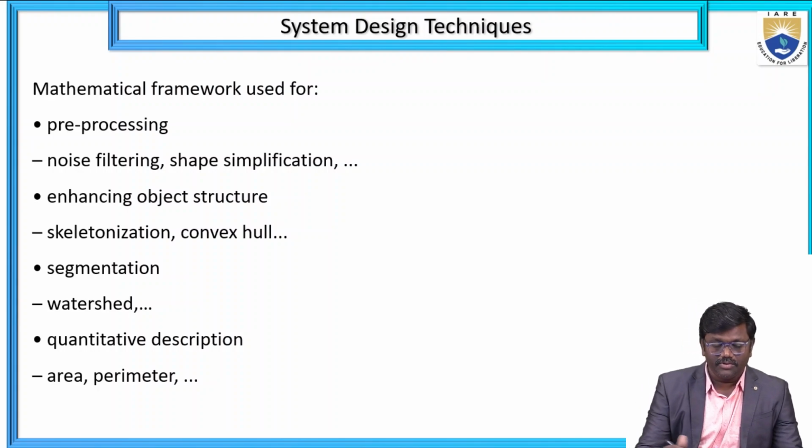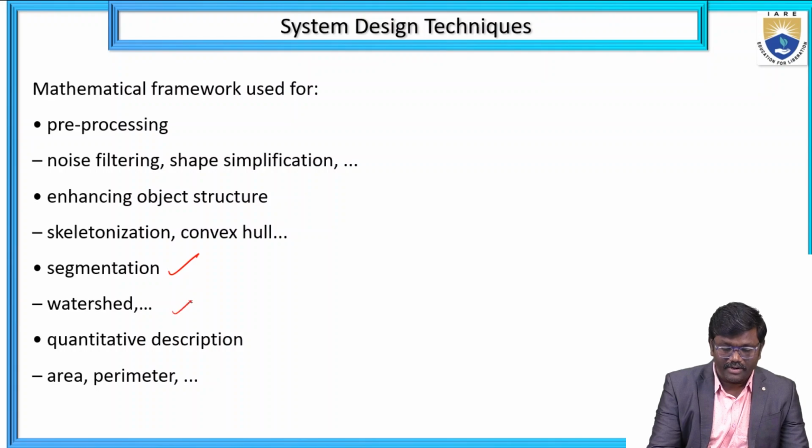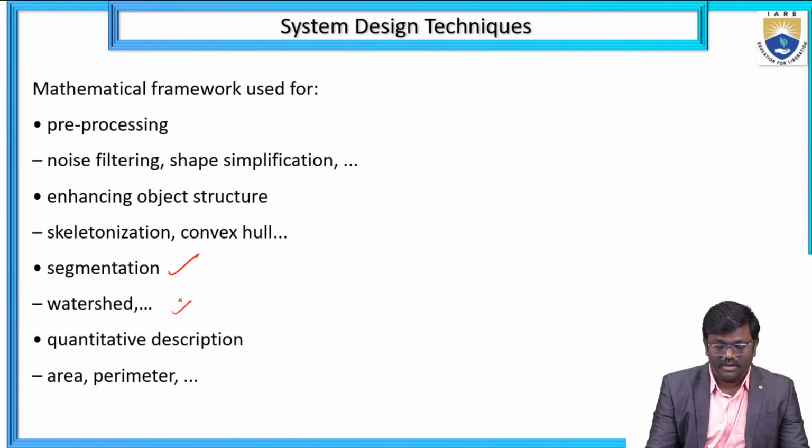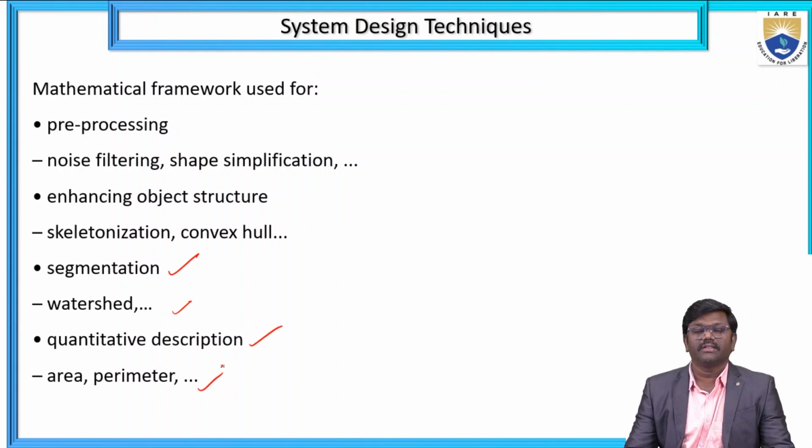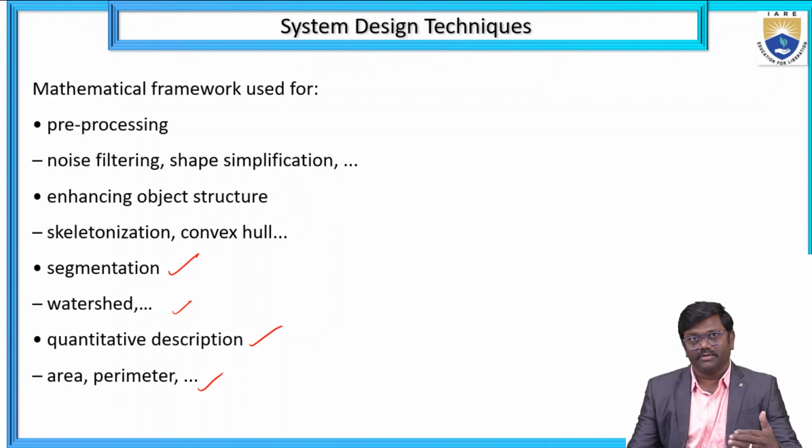Coming to segmentation, watershed, and quantitative description, area and perimeter. These are what we apply for the mathematical framework which is used for morphology.